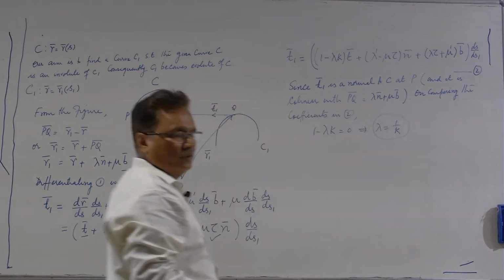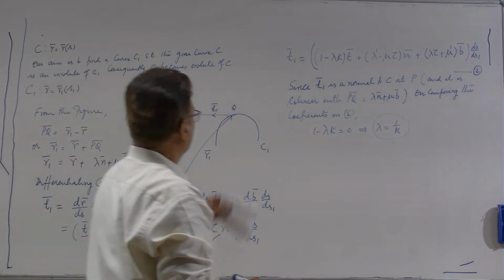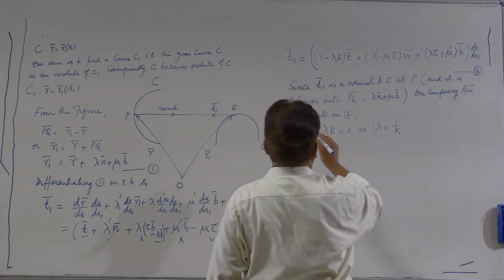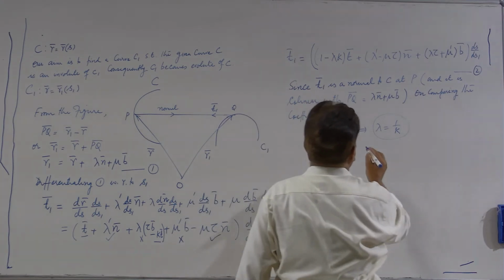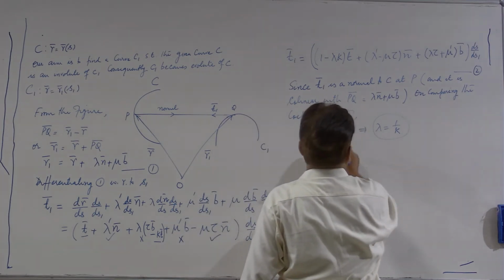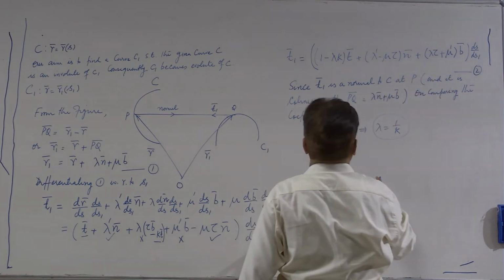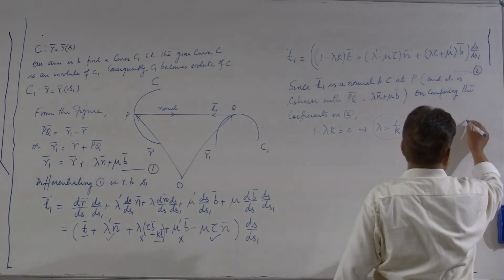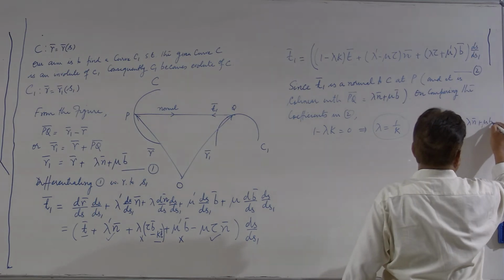So, you get hold of lambda, and then over here what will you be getting? T1 equal to this plus this. Okay. So, T1 is actually lambda n plus mu b.